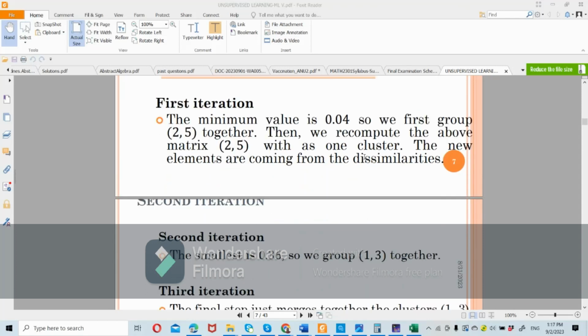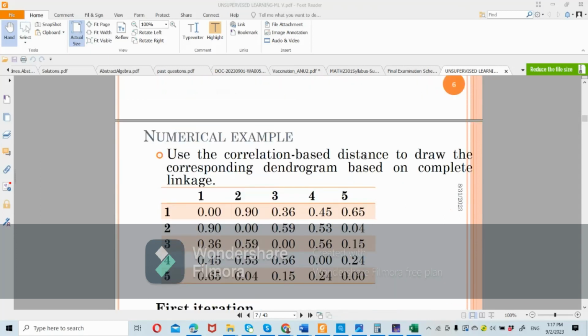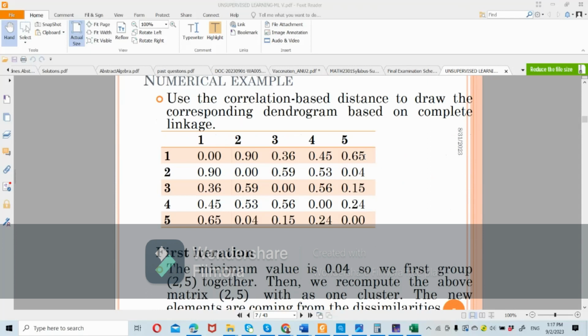Based on that, before we start the lab session, I would like to briefly talk about how this is computed manually. Look at this example here. Say we use correlation-based distance to draw the corresponding dendrogram based on complete linkage.